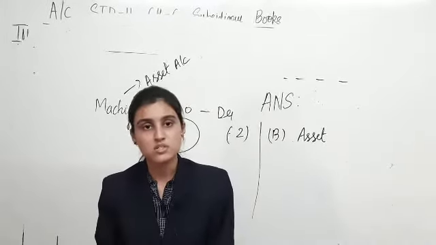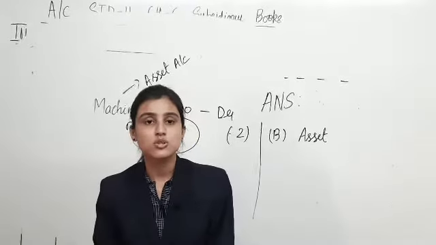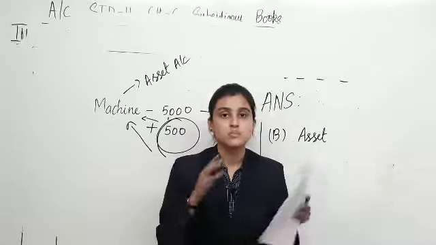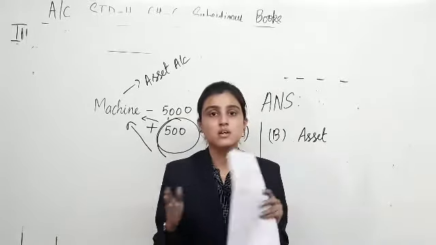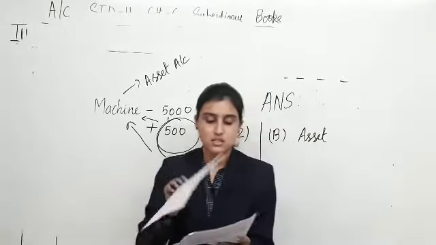On the basis of the type of that account, you mention its rules. On the basis of those rules, you decide which effect will be debited and which effect will be credited. So in this sum, that thing you are supposed to do.